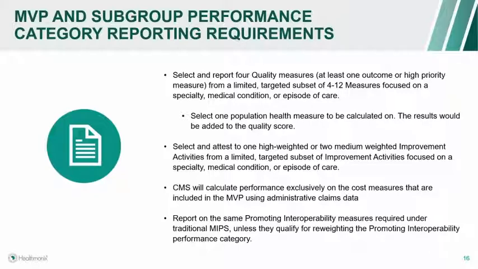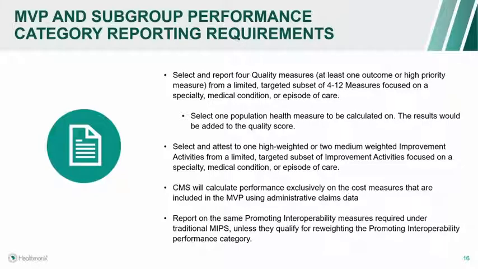These measures must be selected from a limited targeted subset that can consist of between 4 and 12 measures focused on a specialty, medical condition, or episode of care. And in addition to the 4 quality measures, you will also select one population health measure to be calculated on. There are currently 2 population health measures available, and the results would be added to the quality score.